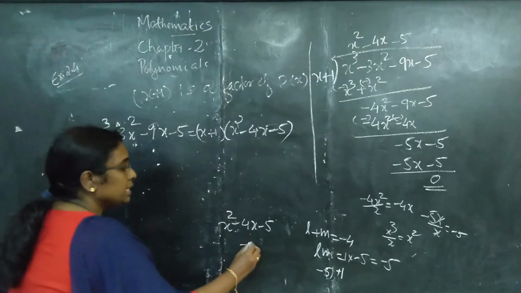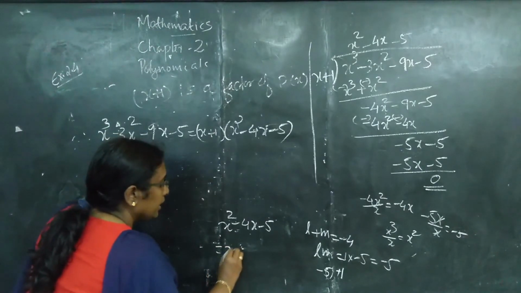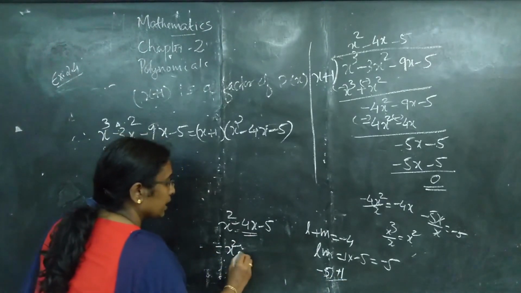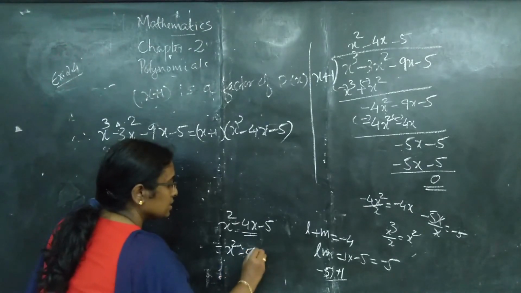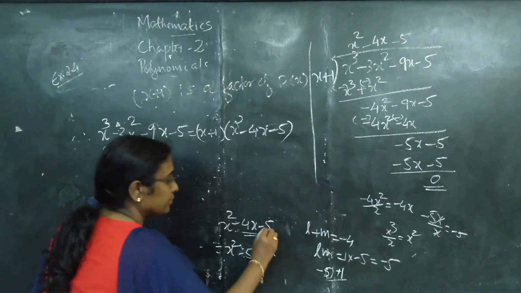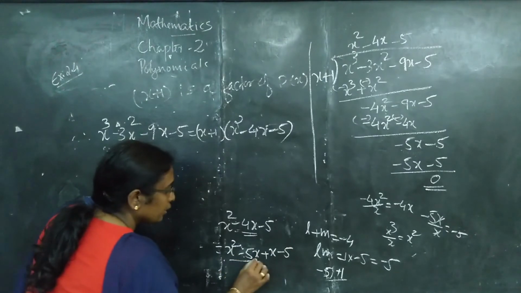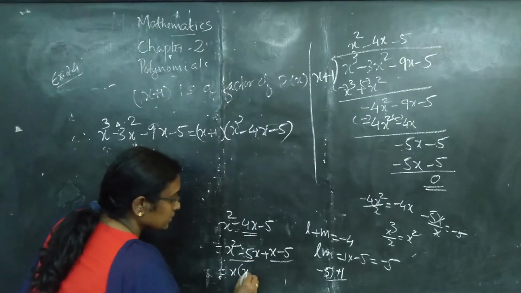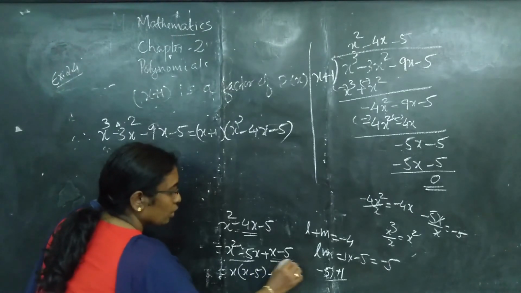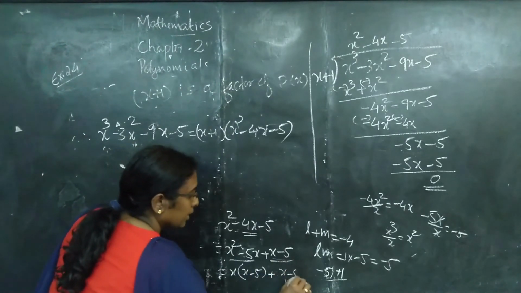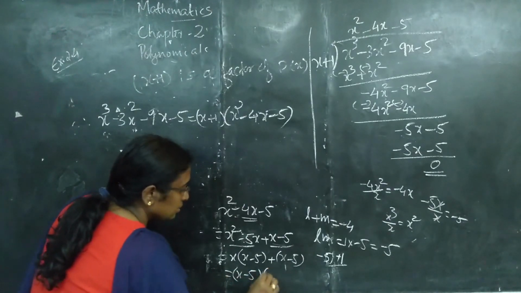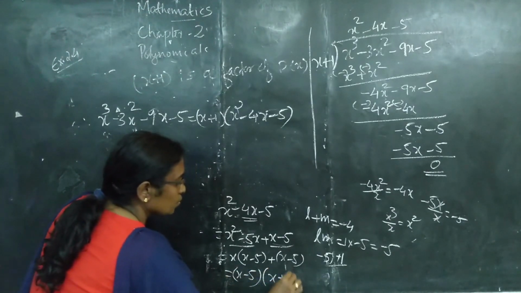So split this middle term: x square, minus 4x is written as minus 5x plus 1x. Write this minus 5 here. Then group these two terms. We get x into common factor x, x minus 5. Here the common factor is 1, so we can write this as x minus 5. X minus 5 is again a common factor. We get x plus 1.